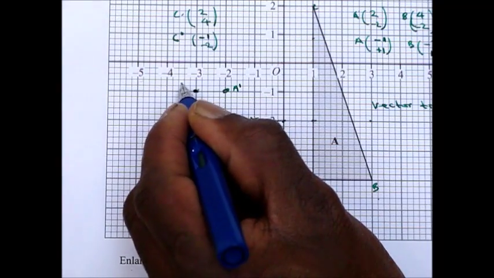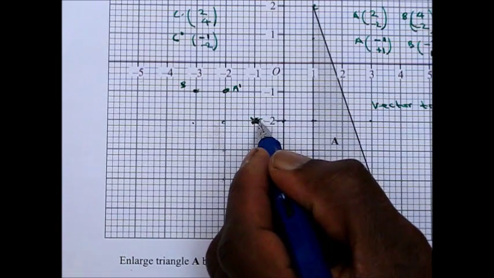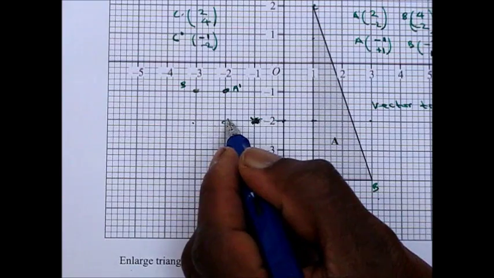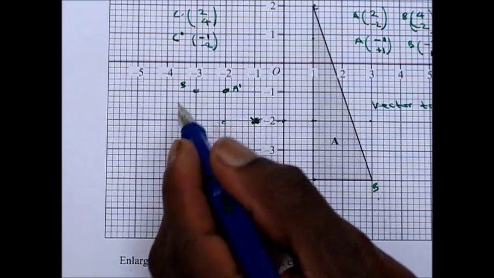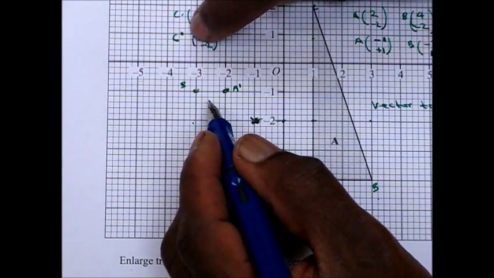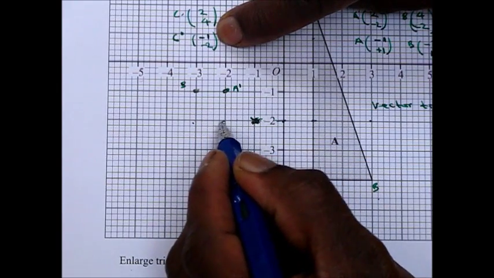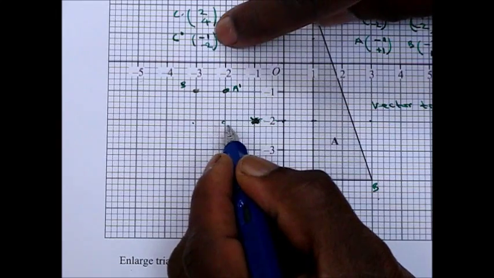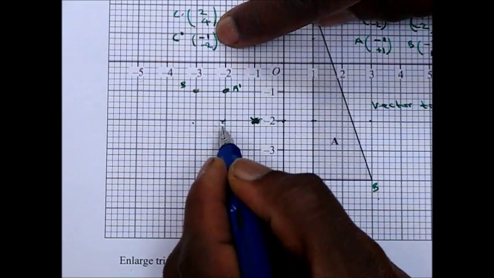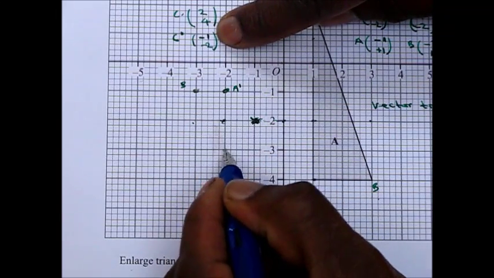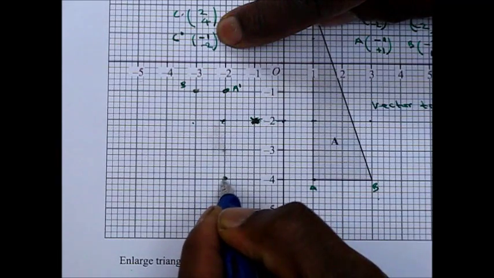So that will be B. So it's always from here. So it's 2 across, 1, 2 and then the 1 up. And finally C, my new C from here will be 1 across, as you can see, and then it would be 2 down, 1, 2, which is here.